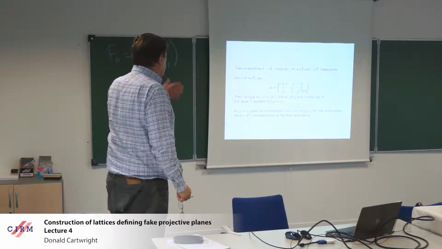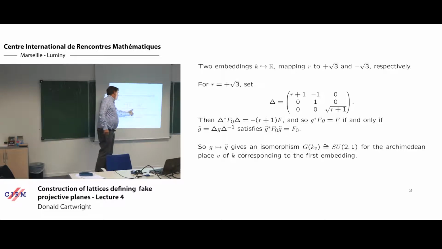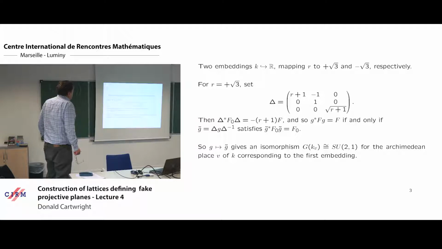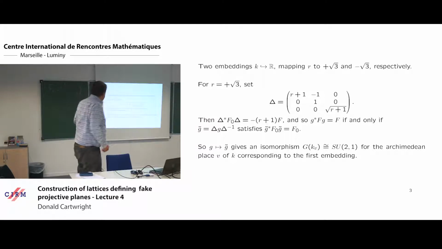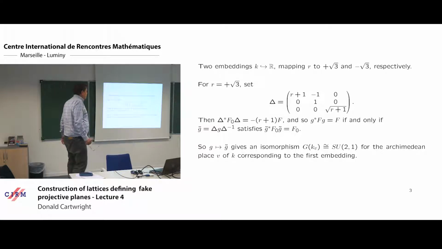And if you do a little calculation, you find this happens. And so a matrix G satisfies the condition that we saw in the previous slide if and only if its conjugate by delta satisfies the condition necessary to be in U21. And without going into details, that means that there's an isomorphism from G at that completion KV with SU21, which is one of the things you want.